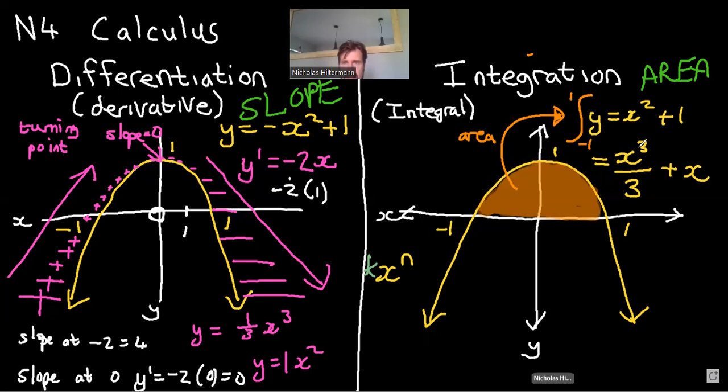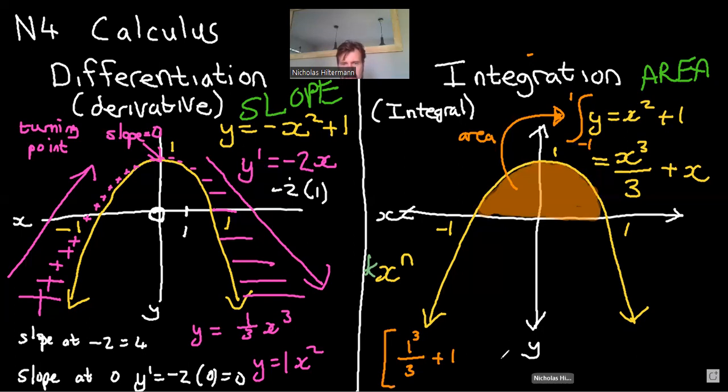So I have to take those values and sub in. First I sub in the 1. And so I'll have 1 cubed over 3, plus 1. Okay, so that's the 1. Now I do the -1.